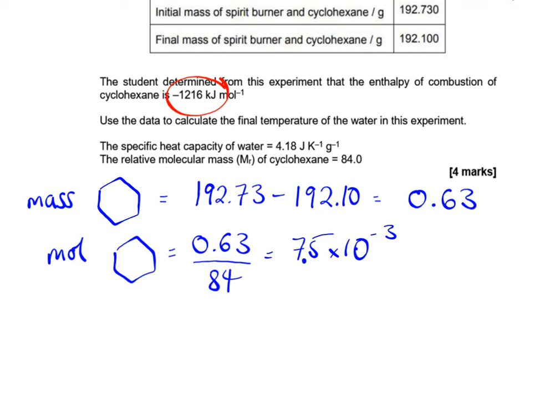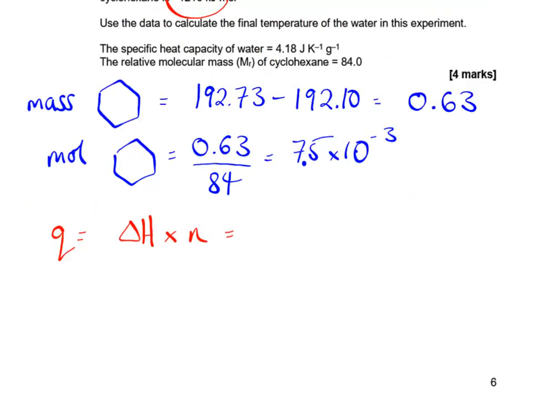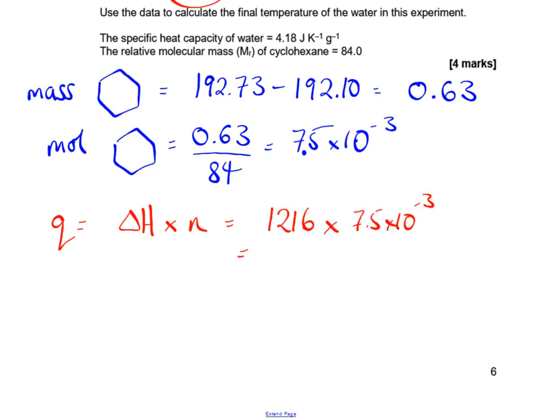To work out how much energy is released now, we just want to multiply delta H by the amount of moles. So that's 1,216 times by our 7.5 times 10 to the minus 3. So that's 9.12 kilojoules, or 9,120 joules. So nearly there.